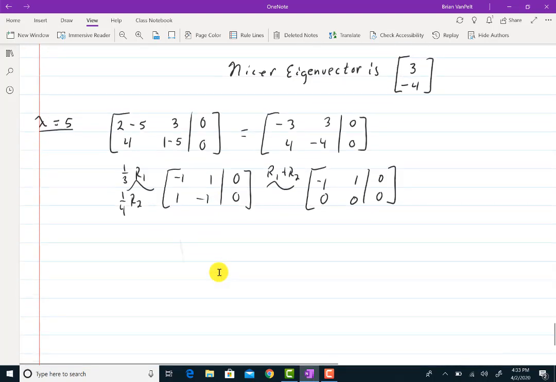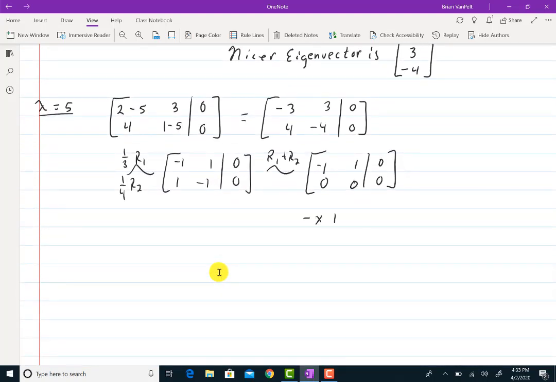And for this one, we get -x plus y equals 0, which is the same as x equals y. So an easy eigenvector here: if you let y equal 1, x will also equal 1. So 1, 1 for that eigenvector.